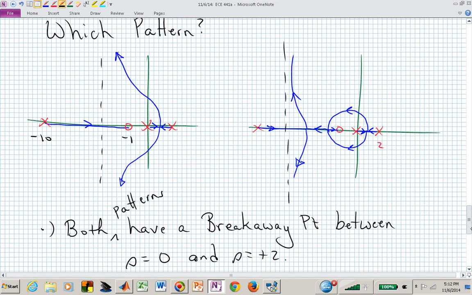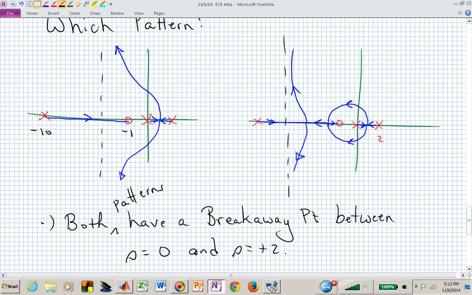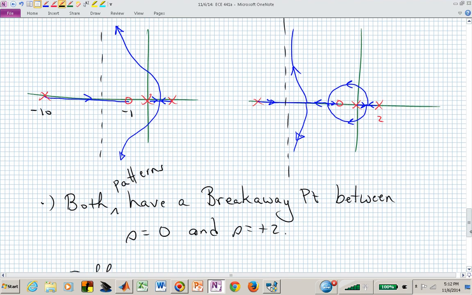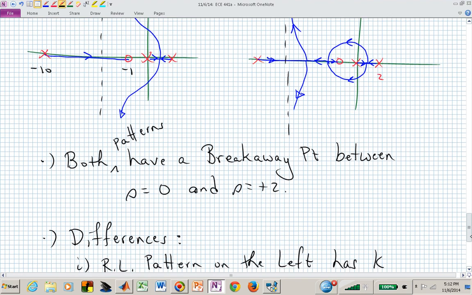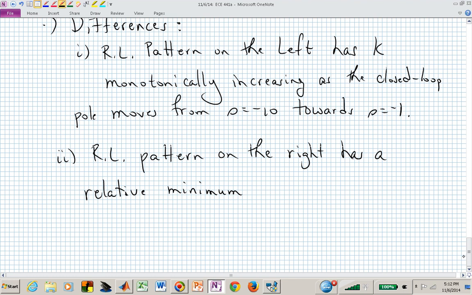As you're leaving the two branches in the right half plane, they break away and they actually return to the real axis a little bit to the left of s equal minus 1. That's then a relative minimum of k.